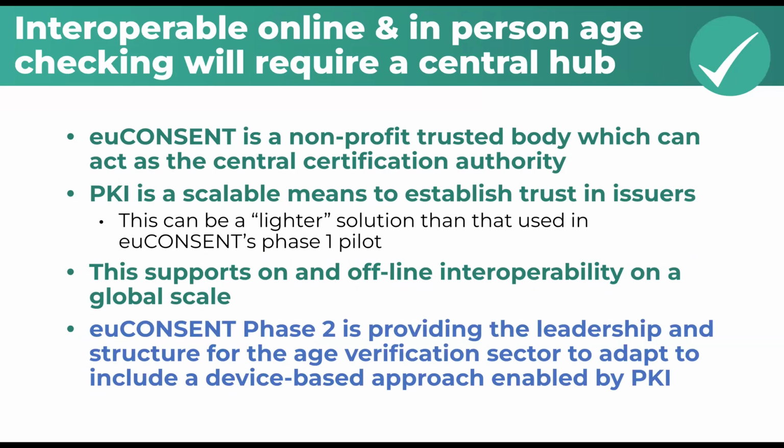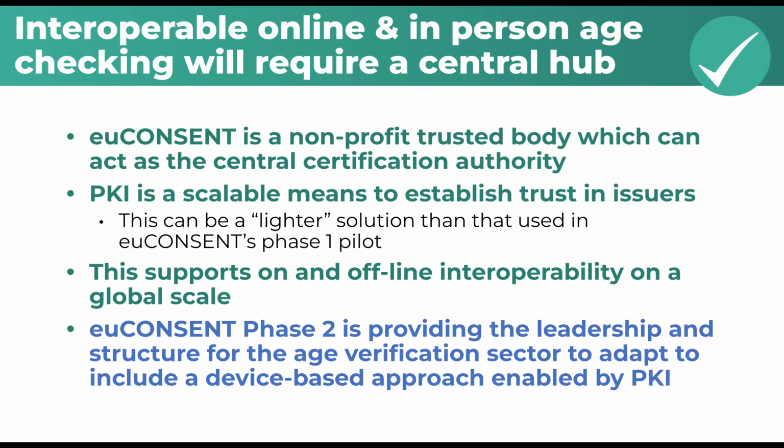In terms of interoperability and in-person age checks, the first thing needed is the central hub, which is the PKD, operated by a trusted body determined in accordance with what everyone feels comfortable with, so that it's not owned by a non-neutral system.